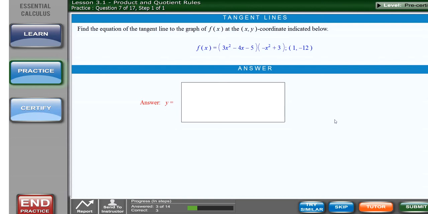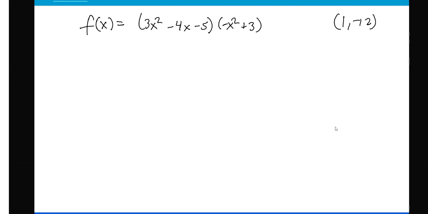And so let me write my function down here. F of x equals 3x squared minus 4x minus 5 times negative x squared plus 3. Again, we've got that point (1, -12). Let me flip over. So again, product rule. That's why it's in this section. Go ahead and get your derivative.